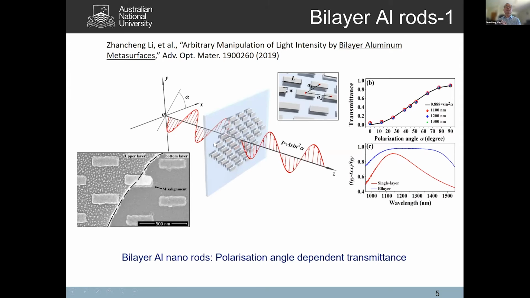With a similar aluminum plasmonic project, we produced a bilayer aluminum nanorod separated by a 100 nanometer thick SU-8 polymer. This bilayer aluminum nanorod has polarization dependent transmittance. Compared to the single layer structure, the double layer structure has a much wider operation wavelength range and high efficiency.